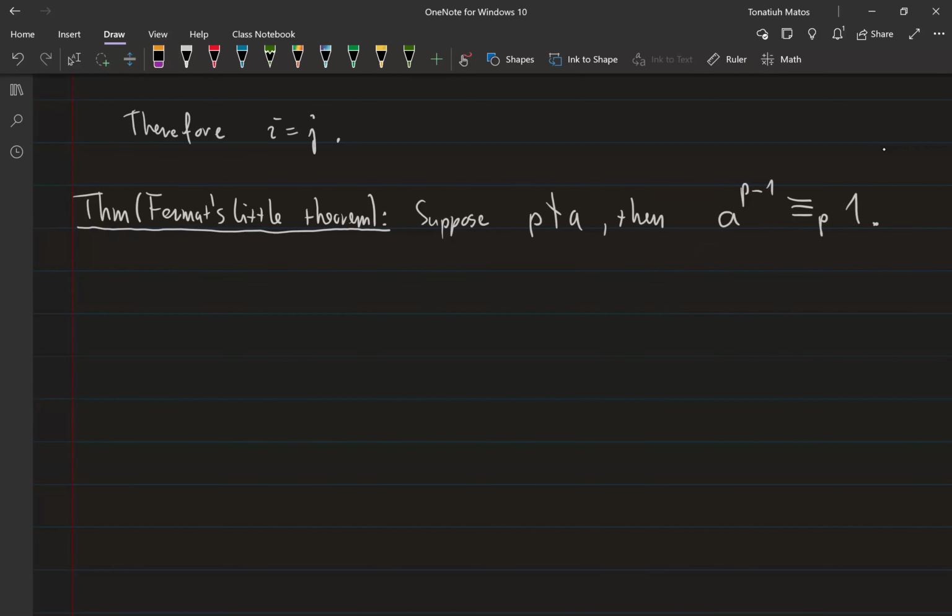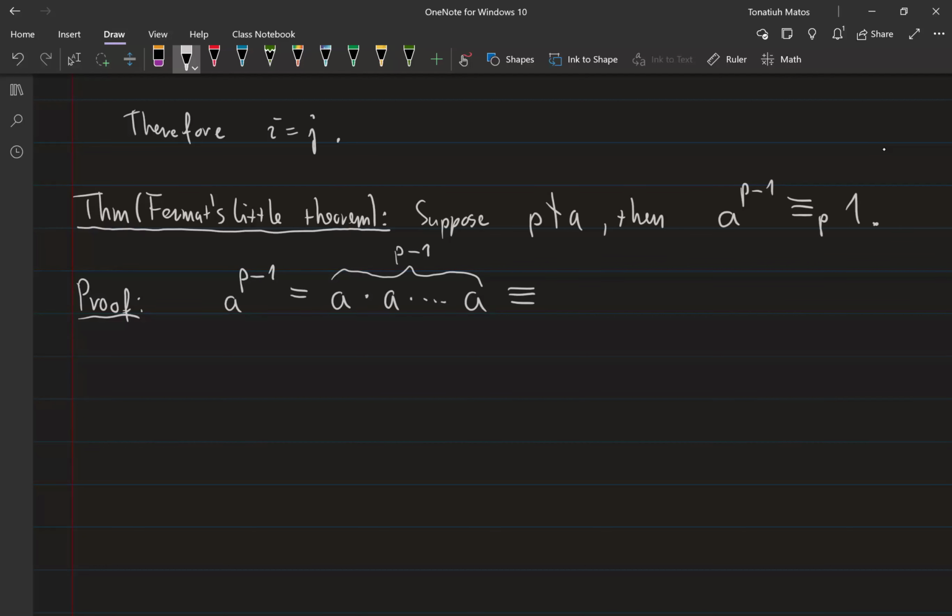Okay, so let me prove this one, which is the harder one to prove. We'll use the lemma, and you'll see that this is very, very clever. So what is A to the P minus 1 power? Well, this is A times A times A, P minus 1 times, right?